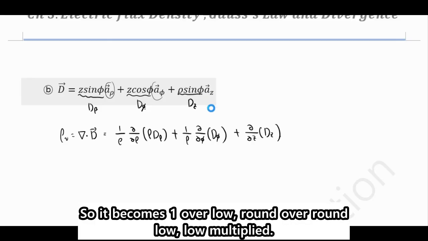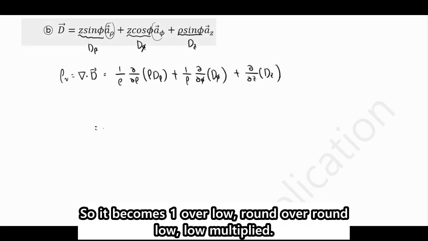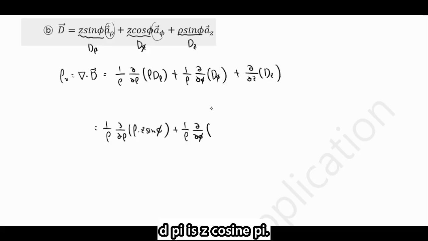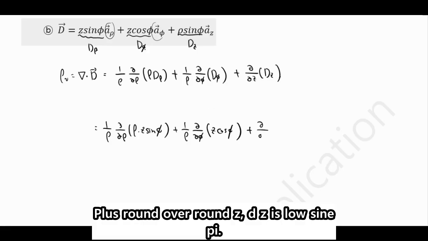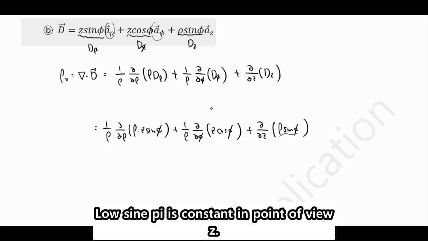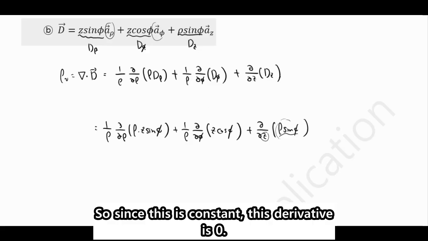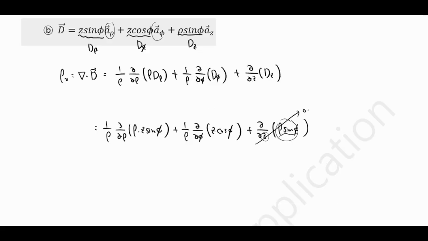So it becomes 1 over rho ∂/∂rho of rho times z sine phi, plus 1 over rho ∂/∂phi of z cosine phi, plus ∂/∂z of rho sine phi. Rho sine phi is constant with respect to z, so this derivative is 0.